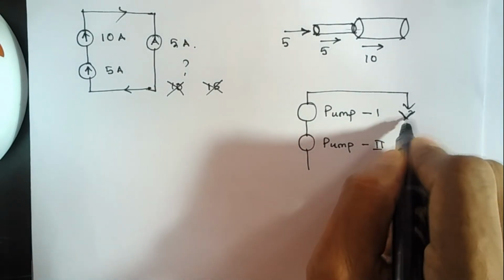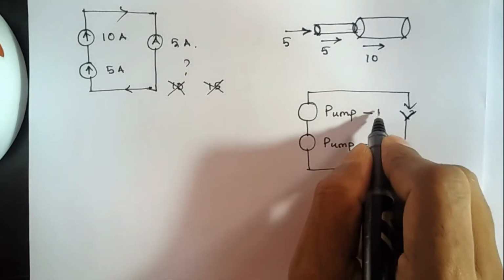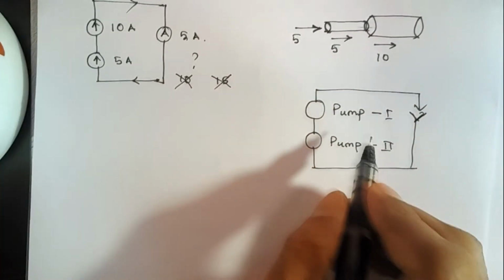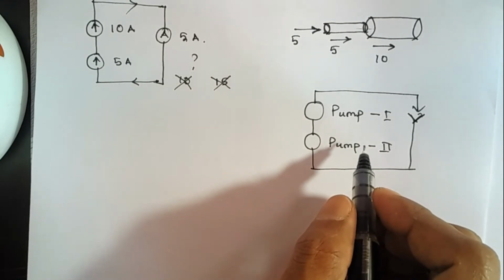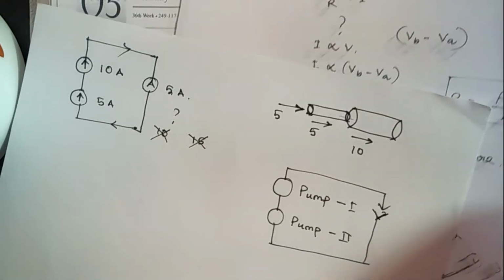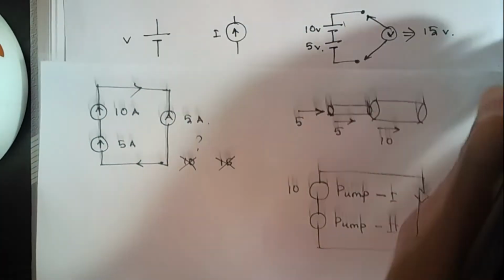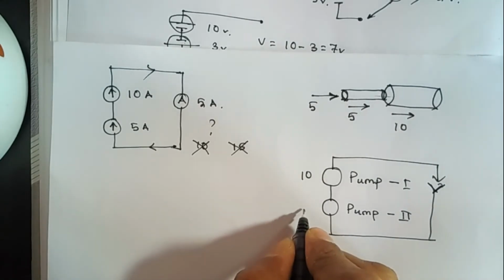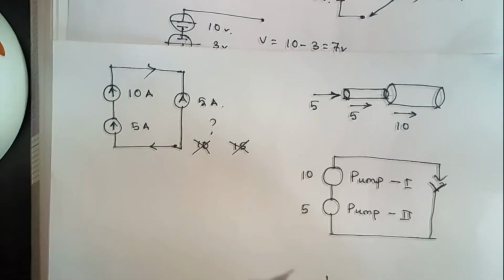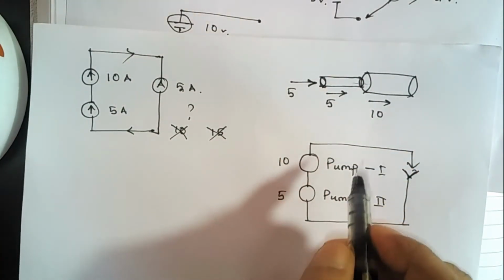Here is a sink. So this pump provides water, how much? 10 units, and this pump provides water up to 5 units. We'll consider the diameter of the pipe is infinite.